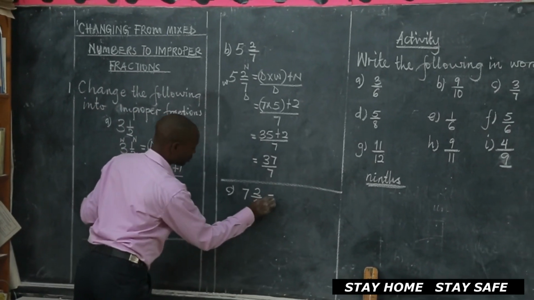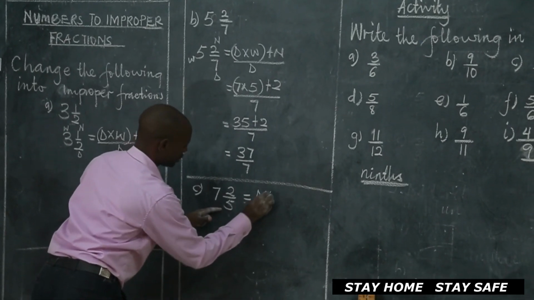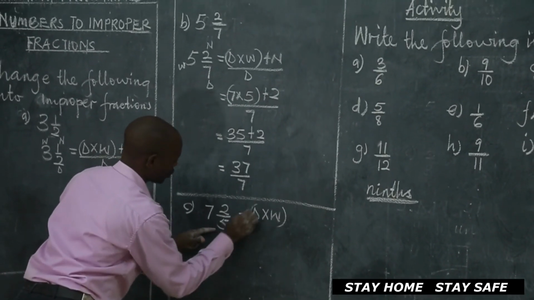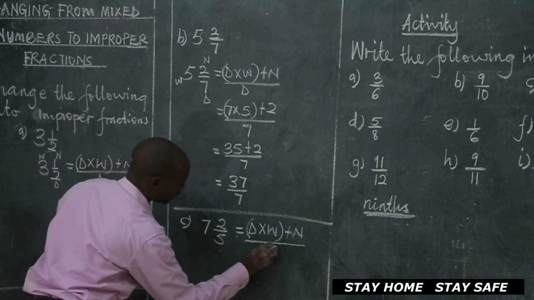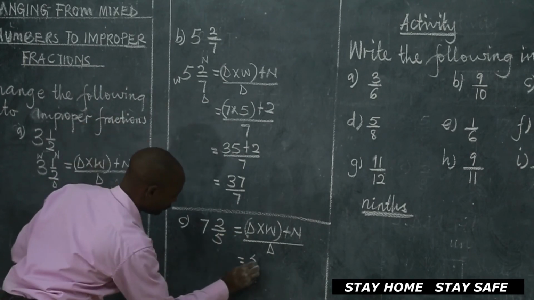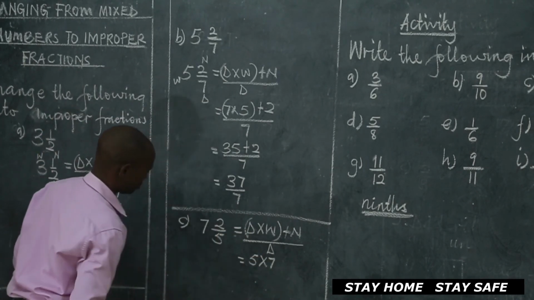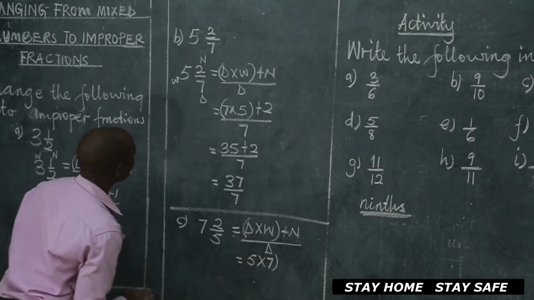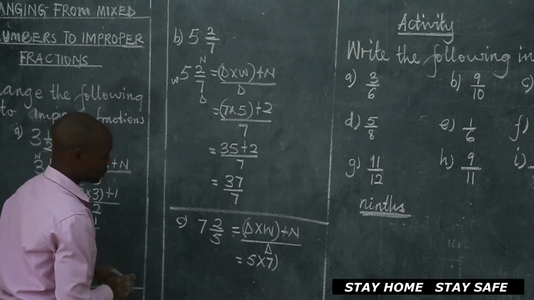What is this one going to give us? The formula is denominator times whole number. You add on the numerator, then everything divided by the denominator. Substituting denominator 5, whole number 7.